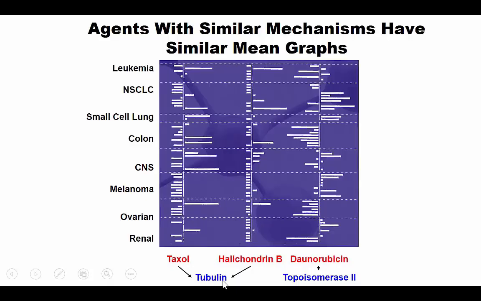Taxol is an anti-tubulin compound, so this compound may be an anti-tubulin compound too. Using similar analysis on tens of thousands of compounds, some of those classes can be classified. For this pattern, you can tell topoisomerase 2 is a potential target. Quite interesting.